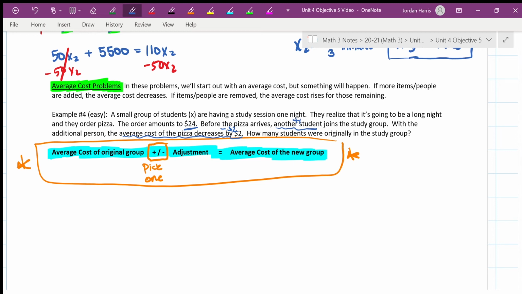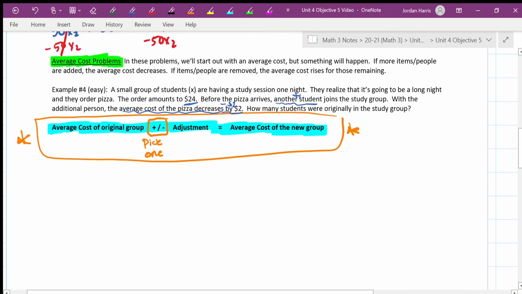Okay. One thing to realize here is they gave us the total amount, $24. They did not give us the average amount originally because we don't know it. So it's the average cost of the original group. All we know is that if we took $24 and divided by X, the number of students we have, that would be the average cost.